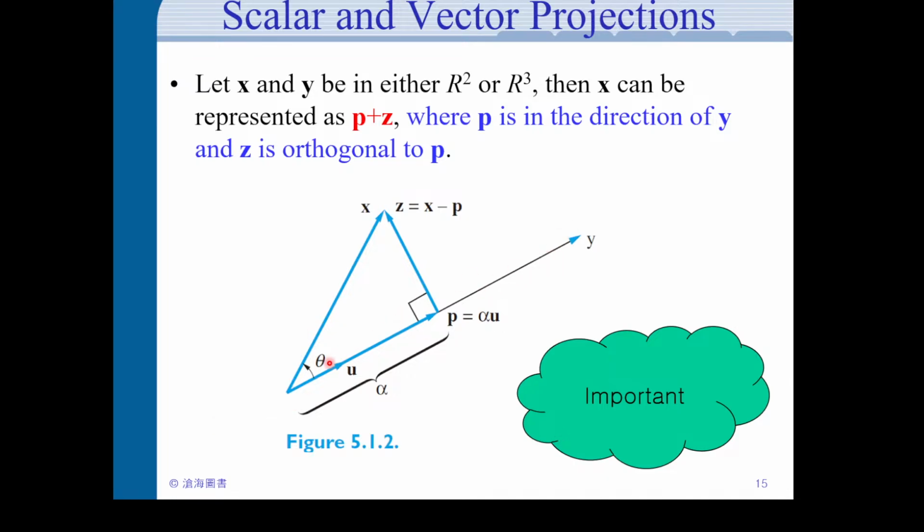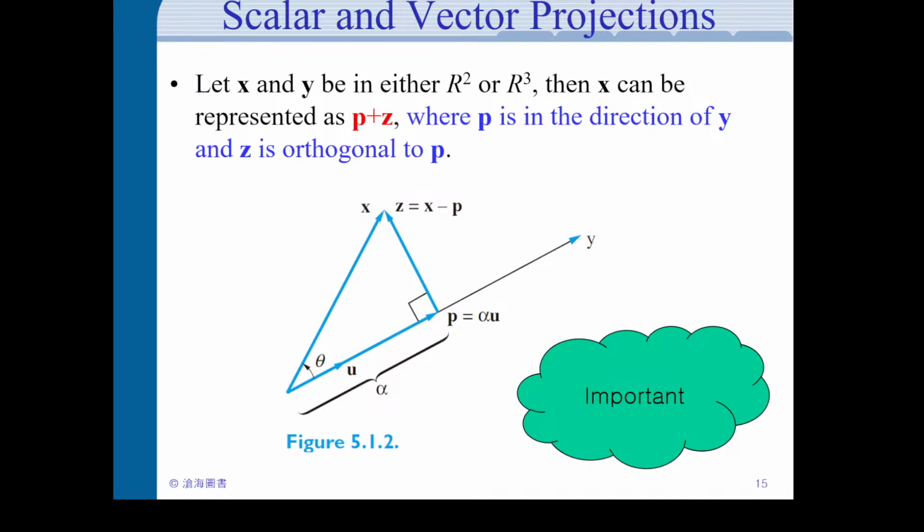This is the projection part, and the difference between x and p is orthogonal. So x is decomposed into this projection part, which is in the same direction as y, and the remaining part, which is orthogonal to y.